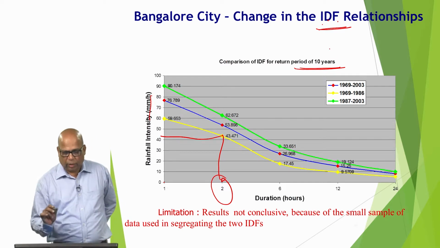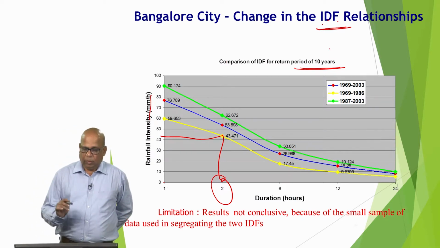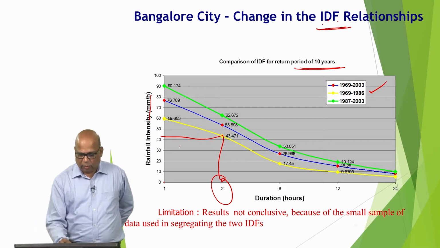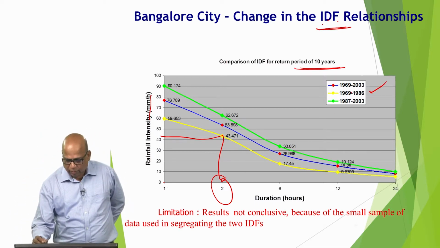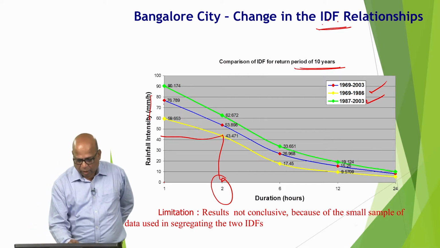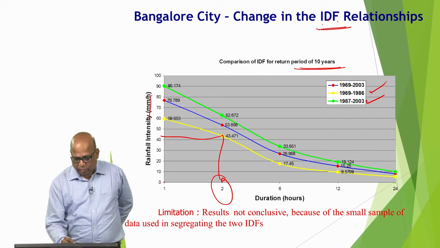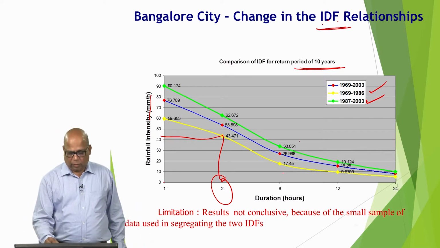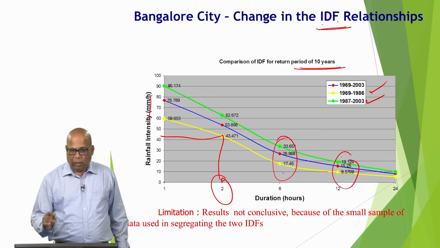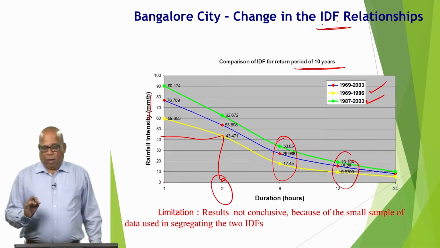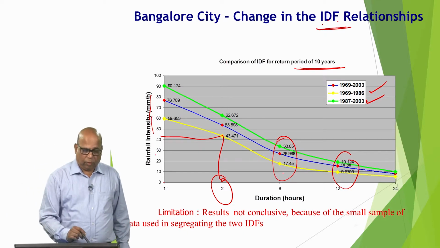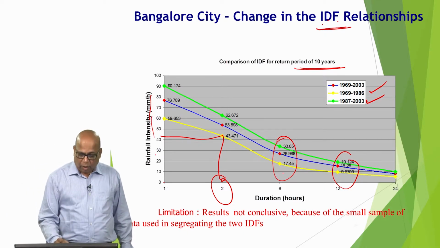So, we look at the distant past, 1969 to 1986, and then the nearer past, 1987 to 2003, and then the entire record. In most of these cases we are seeing a significant increase in the past of high intensity rainfall which causes the floods.